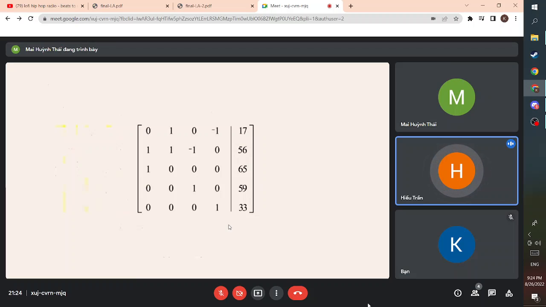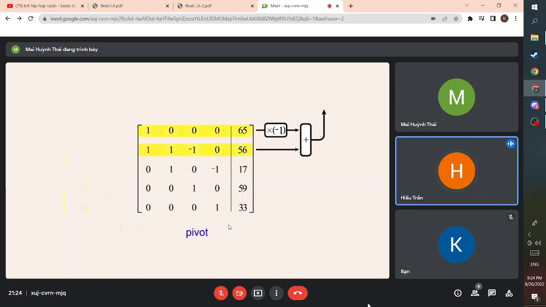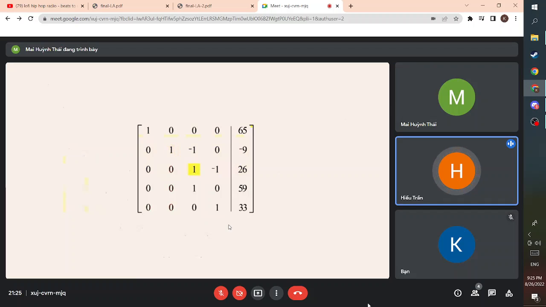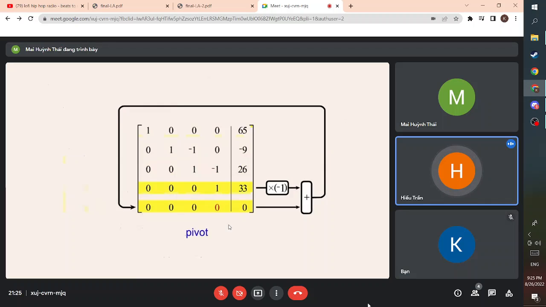We start by changing the entry in the first row and column to a 1 by using a swap operation to exchange rows 1 and 3. To be in reduced row echelon form, all the entries below that leading entry must be 0. We use the pivot operation to add negative 1 times row 1 to row 2, because all the entries below the leading entry in the first row are now 0.